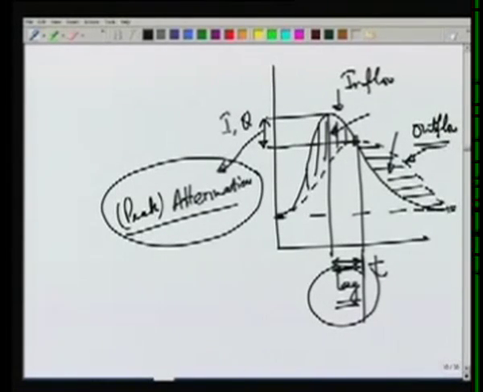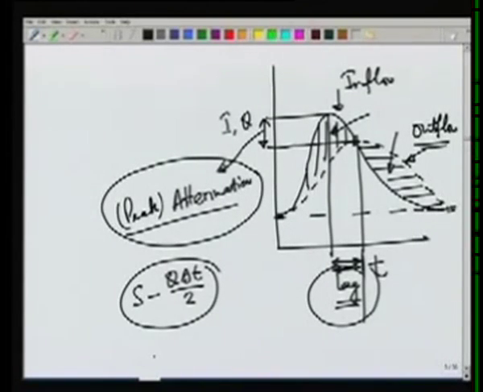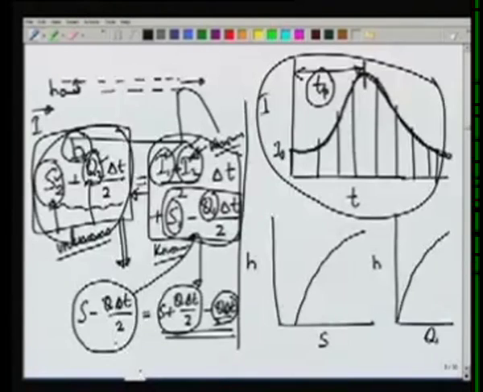There is another method, or sometimes what we do is we prepare another curve S minus Q delta T by 2. So if you look at this equation, here what we did was we related S minus Q delta T by 2 with S plus Q delta T by 2 and minus Q delta T. So every step we had to find this Q, multiply by delta T, and then subtract from S plus Q delta T by 2.